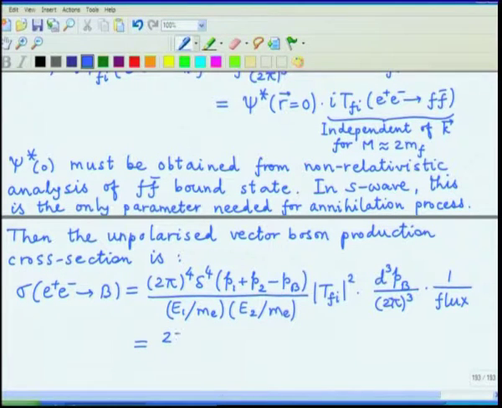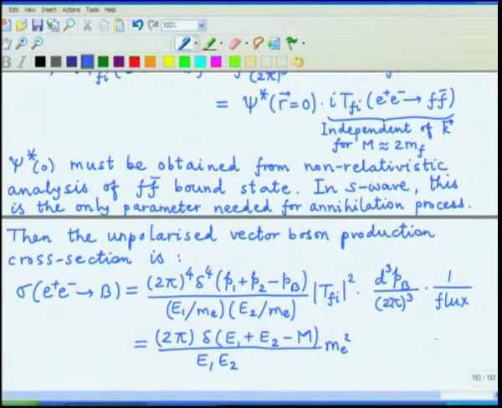The momentum integral is rather trivial, so we will just get 2 pi delta function of energy alone, then there is a factors of E1, E2 and m e square, and then the value for the flux.